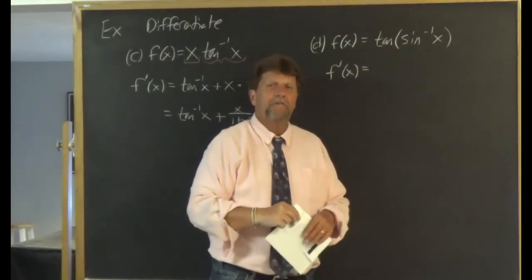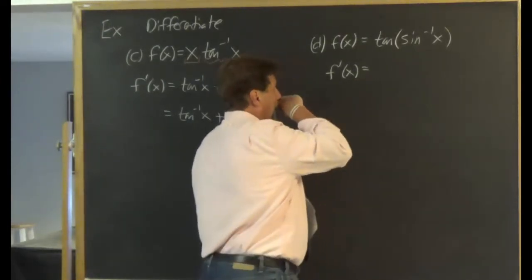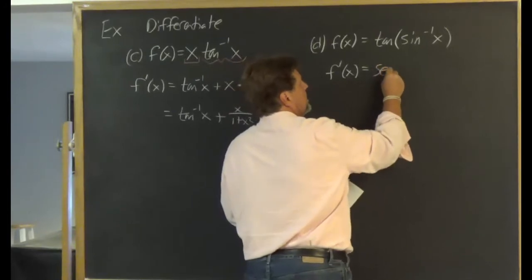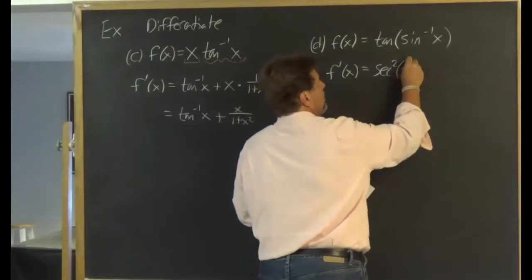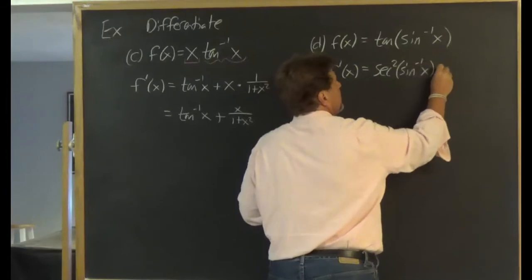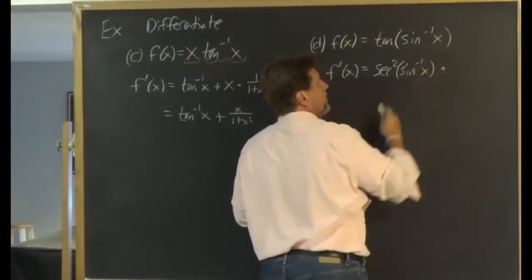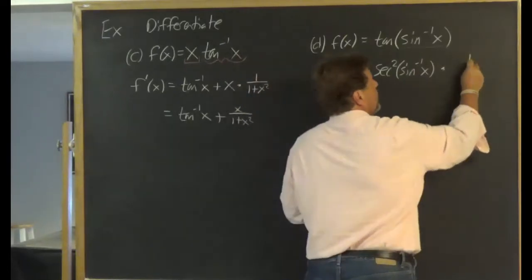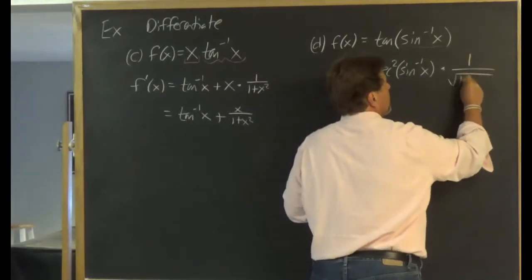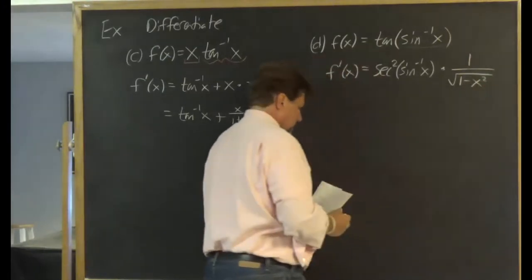That's right, derivative of tangent is secant squared. So this is secant squared inverse sine x times, now you have to remember the chain rule, you have to do the derivative of inverse sine x, which is 1 over the square root of 1 minus x squared.